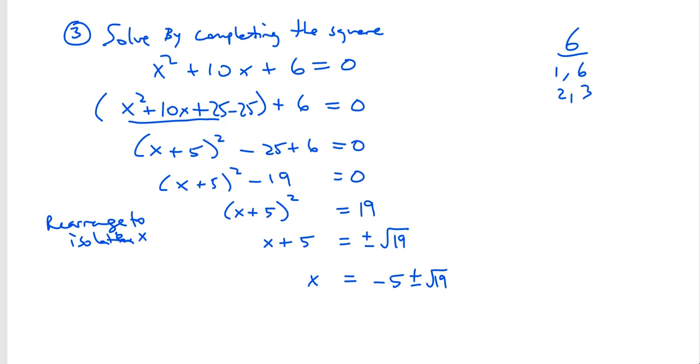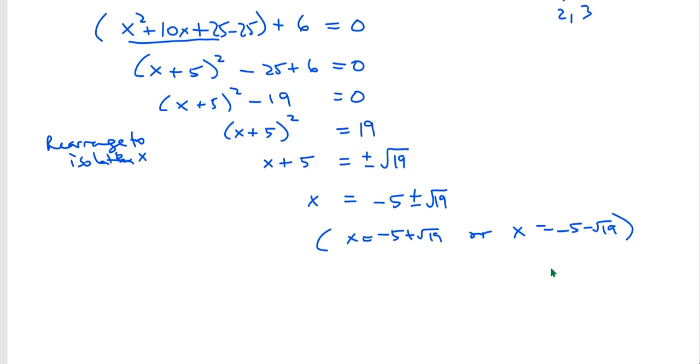And that's actually the solution. If you sub those back into the original equation, you're going to get 0. The plus minus really means that x equals negative 5 plus root 19, or x equals negative 5 minus root 19. So again, you get two answers, which is what we expect when we're solving these quadratic equations.